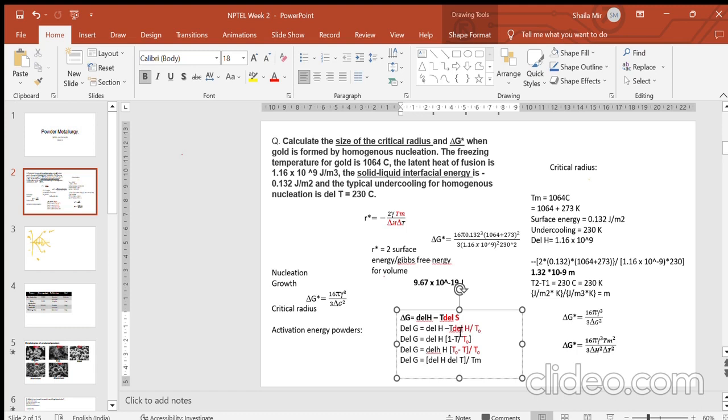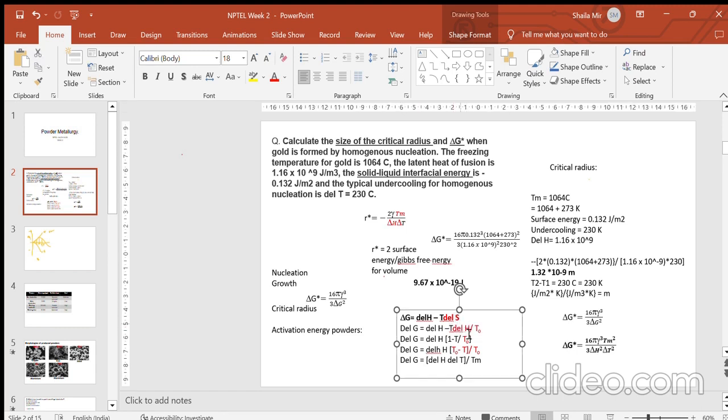So we replaced it with delta H by T. The red color is the replacement. Then we have taken delta H as one common product, and then we have 1 minus T by T naught.